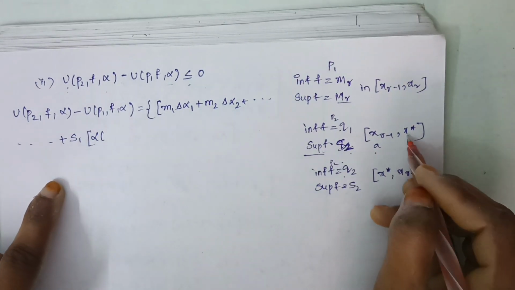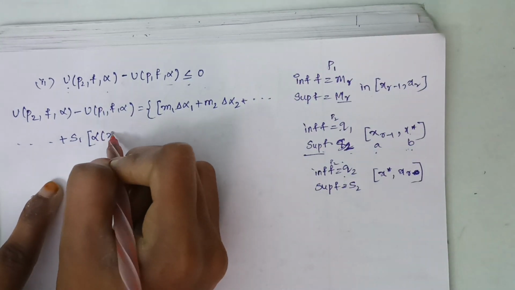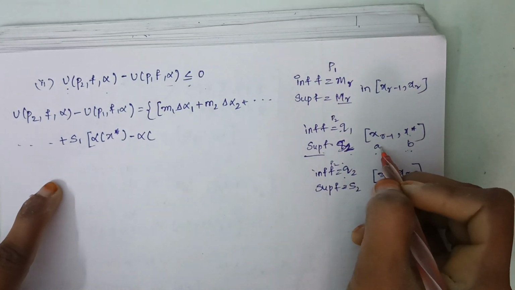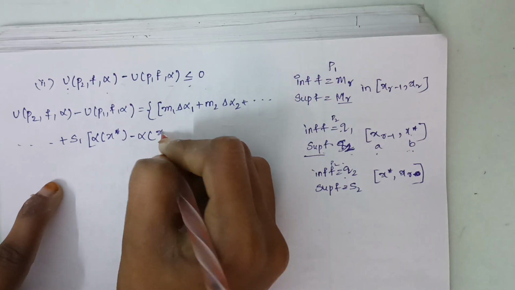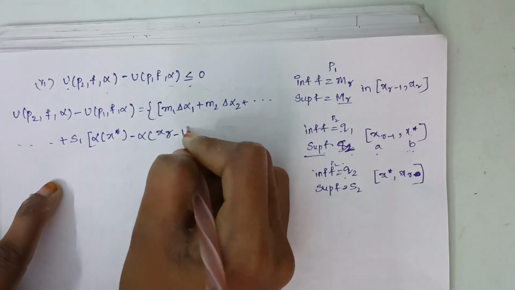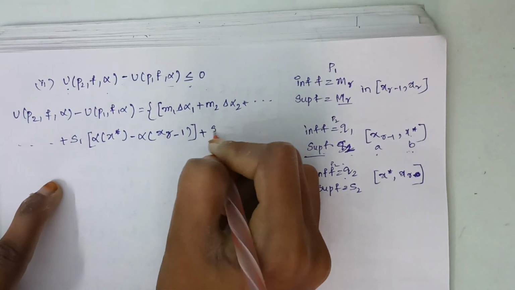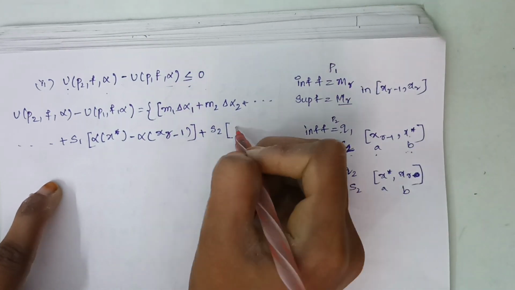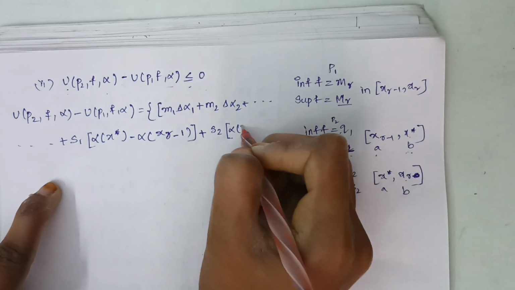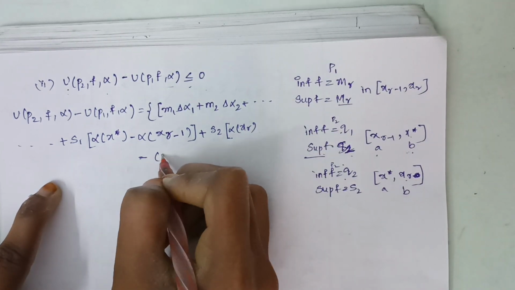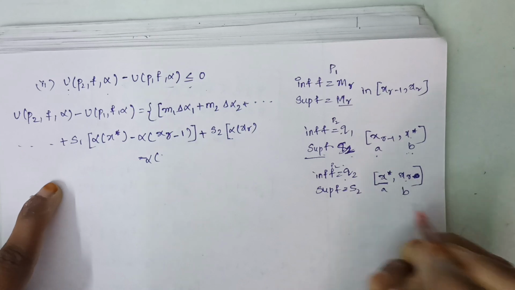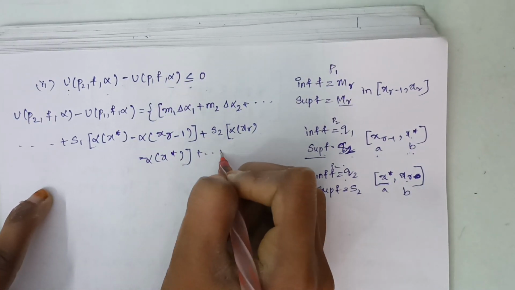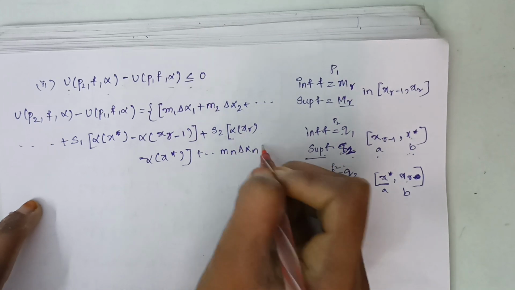Alpha B is x star minus alpha x r minus 1, plus S2 into, this is A, this is B, alpha x r minus alpha x star, and plus up to so on, Mn delta alpha n.